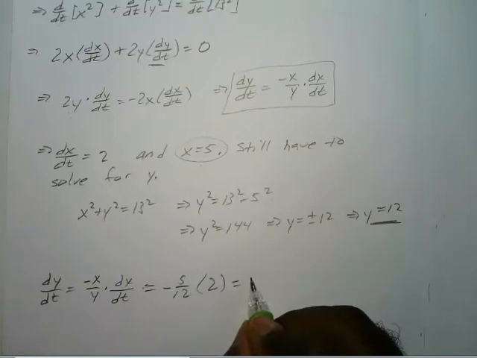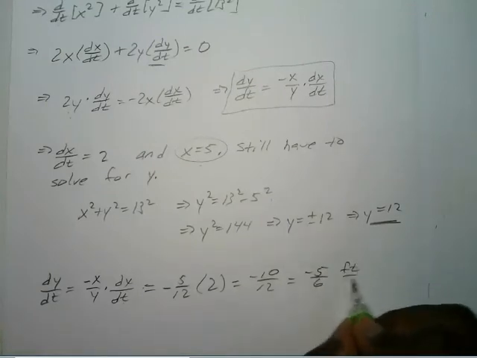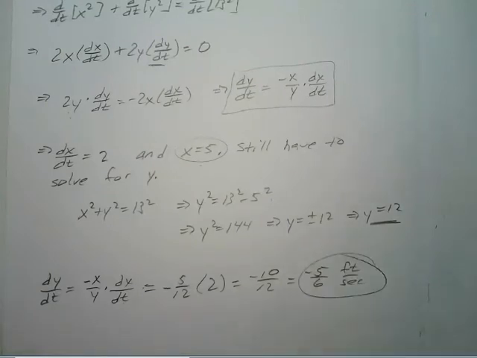That's going to equal negative 10 over 12, which simplifies to negative 5 over 6 feet per second. So that's how fast the top of the ladder is sliding down the side of the building, when we know that the bottom is sliding out at 2 feet per second.